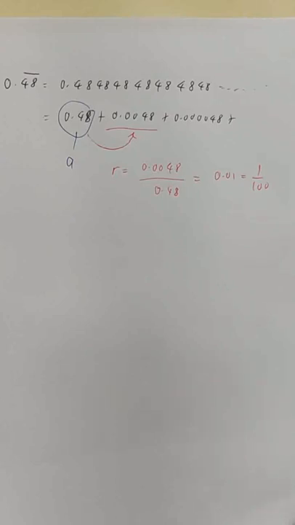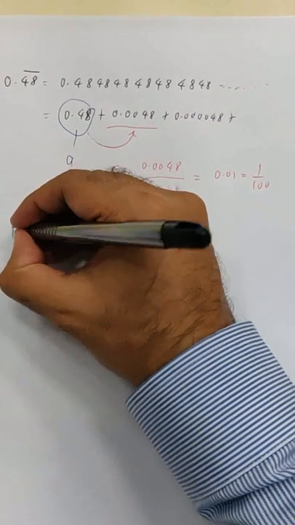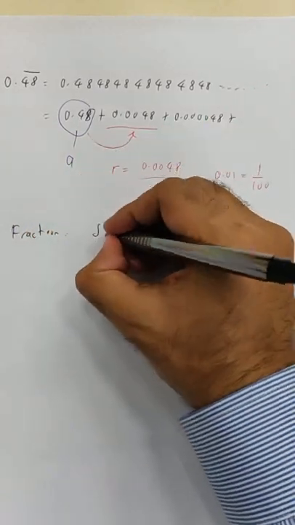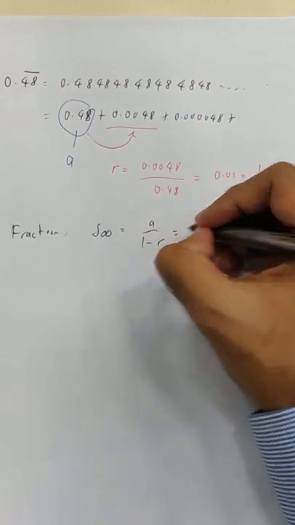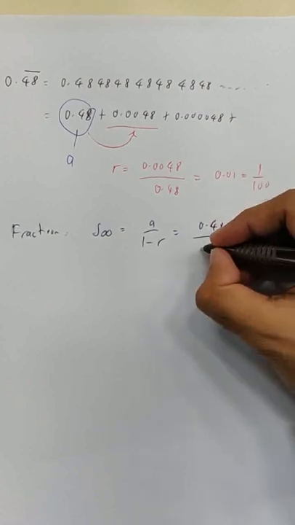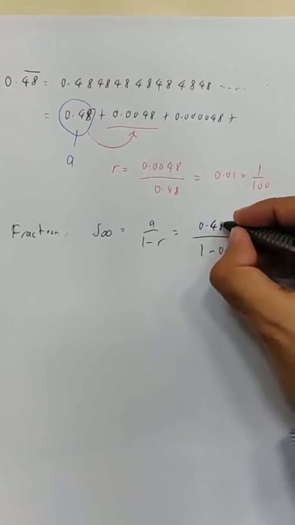Are you okay? Alright, so we found our A and we found our R. So let's find the fraction. S to infinity is A over 1 minus R. A is 0.48 over 1 minus, and it's up to you how you want to press your calculator, 0.01 is okay.